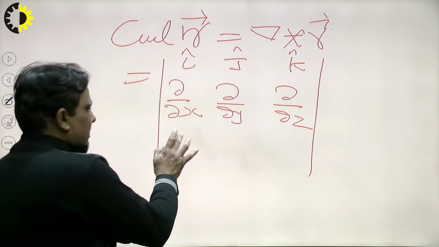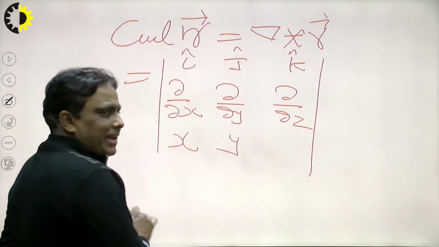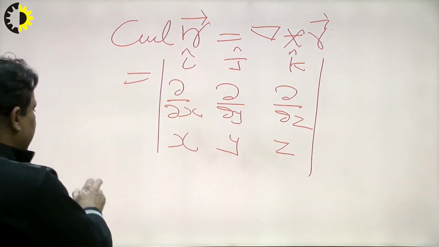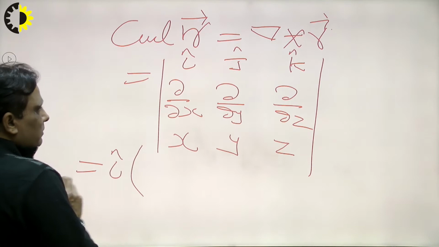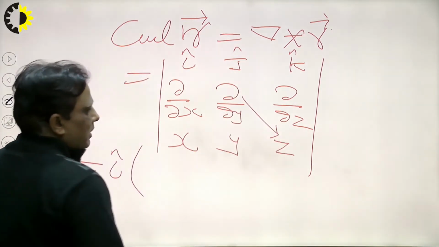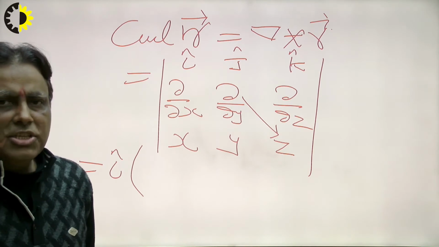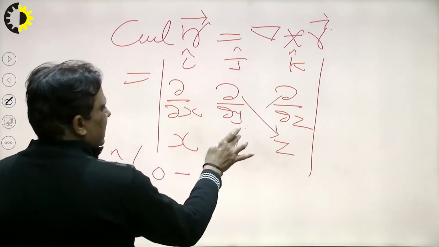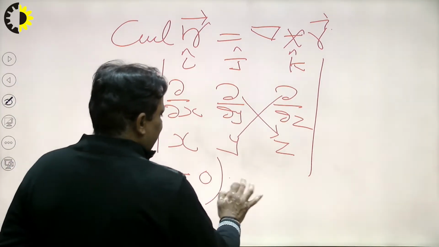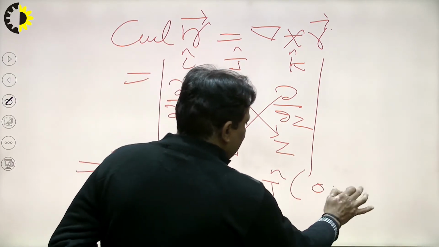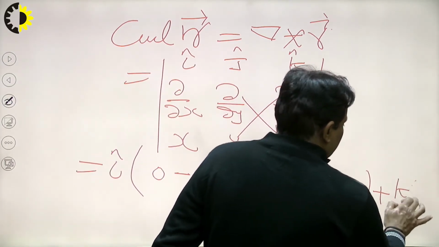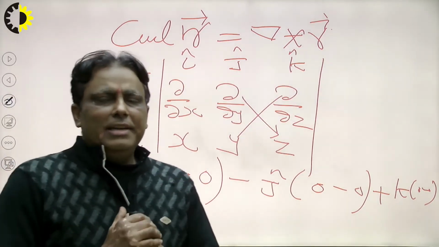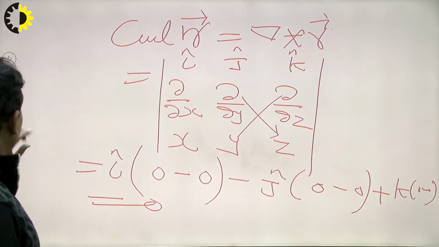The component of i is x, component of j is y, and component of k is z. How to calculate? I write here i, this, and what is the meaning of these terms? Differentiate z with respect to y, 0, minus this, differentiate by this, 0. Similarly minus j, 0 minus 0. Similarly k cap, 0 minus 0. So the result is 0. That means vector r is an irrotational vector. In this way we can find out the curl of F.